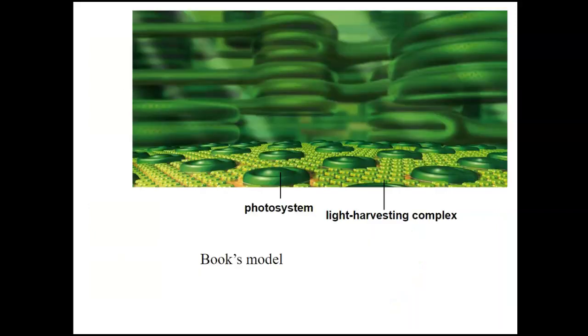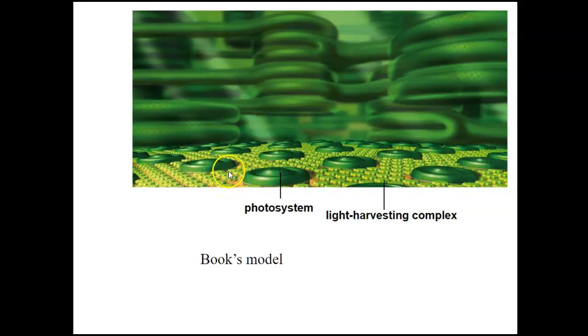This is your book's model of photosystems and light harvesting complexes. All right, so the interior of these photosystems is that special chlorophyll molecule with that electron pair that's ready to be excited, so much so that it can go down the electron transport chains.